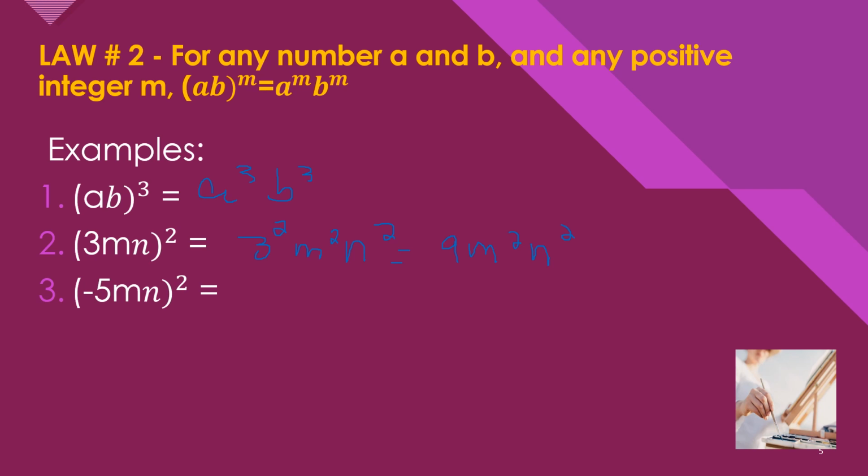Then we have here negative 5mn squared, so negative, that means we need to multiply it twice. Then m squared, so we got 25m squared n squared.